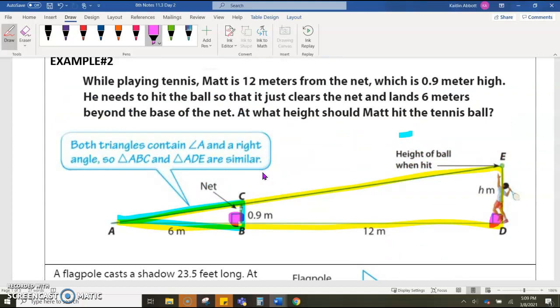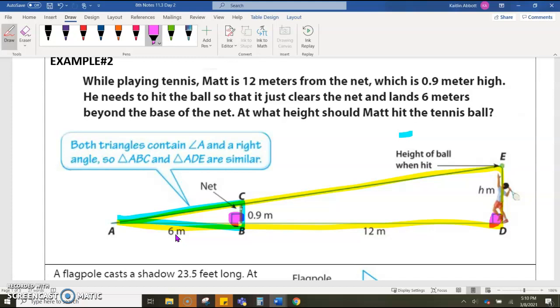So we're going to figure out how high he needs to hit the ball. Now, remember yesterday I was saying how they are similar triangles. Well, that means since they're similar, we can actually set up, I was also throwing around the word ratio, we're going to be setting up some ratios here.